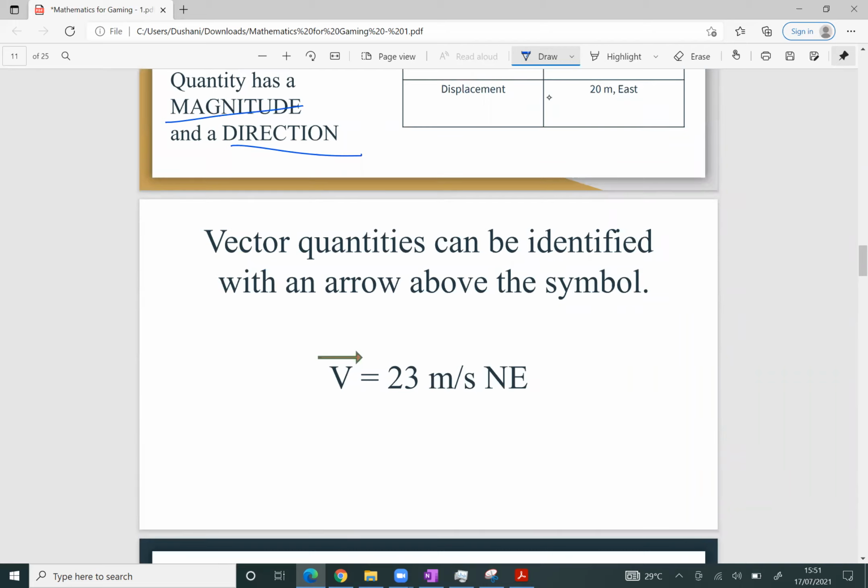A vector quantity is represented using an arrow above the symbol that we use to represent it. So we can say velocity is a vector quantity, hence the arrow, and we can give the magnitude and the direction.